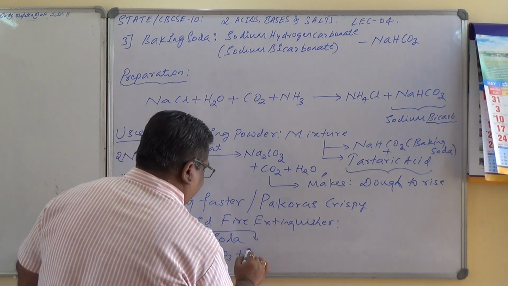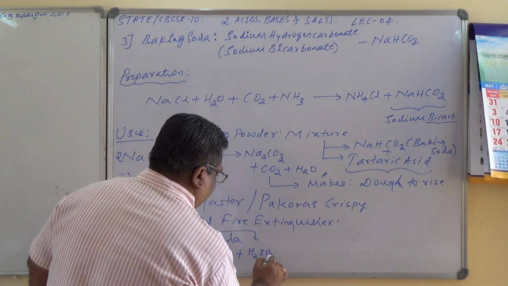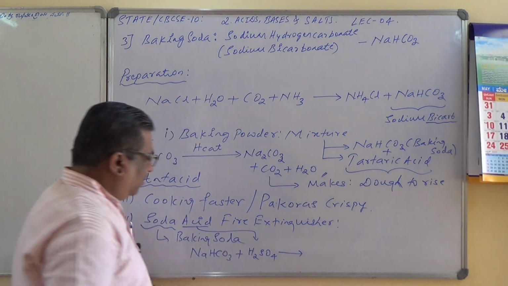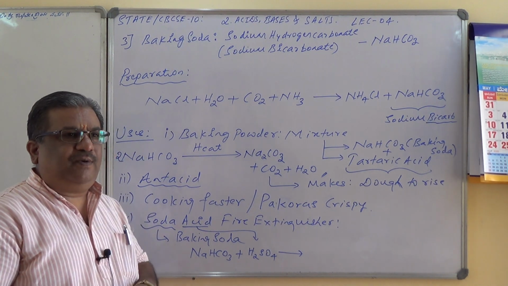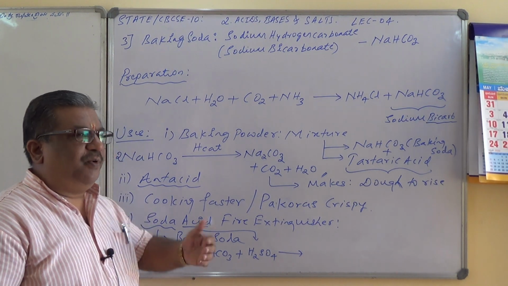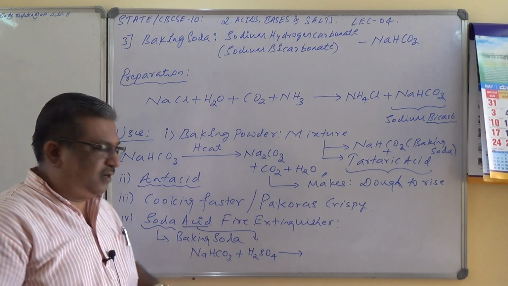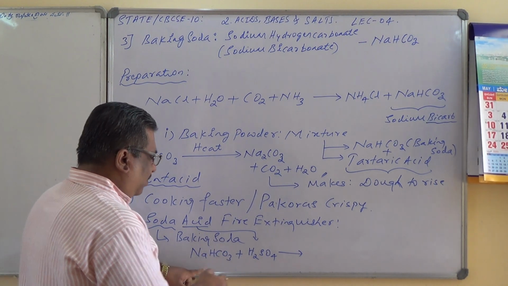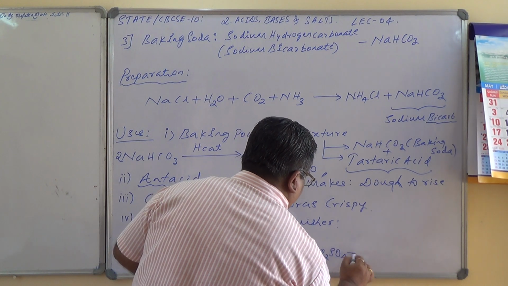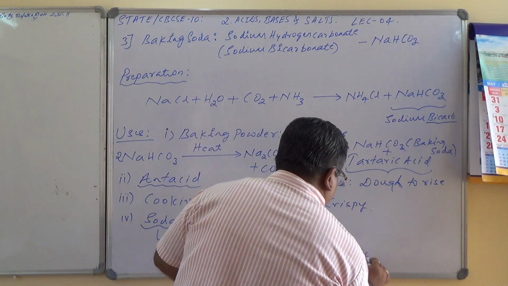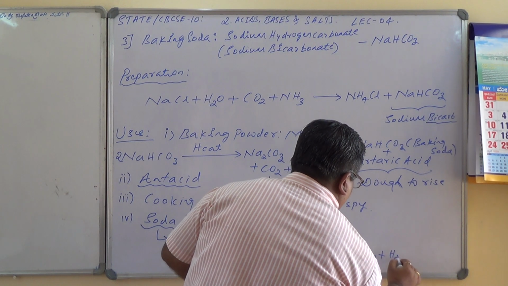This acid is nothing but sulfuric acid, H2SO4. So you already know how carbonates and metal bicarbonates react with acid. They produce salt, CO2 and water. Here the salt will be sodium sulfate, Na2SO4 plus CO2 plus water.